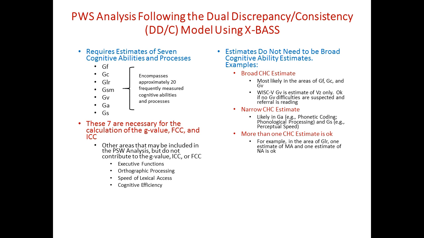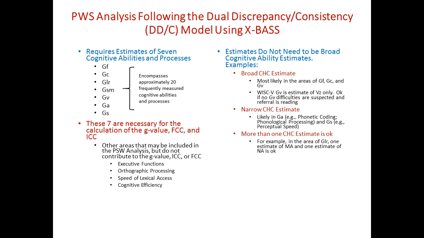Oftentimes our processing speed is a composite of perceptual speed, which again is okay because we don't have a lot of qualitatively different indicators. And when we start getting into the academic fluency areas, then we're measuring more manifest kinds of abilities rather than cognitive processes.